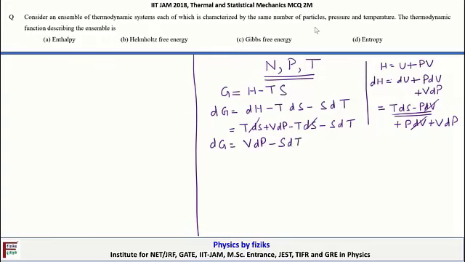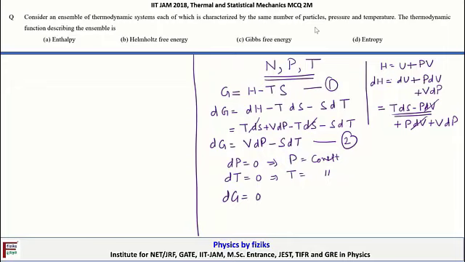Let's call this equation 1 and this equation 2. Now in equation 2, when dP is equal to 0, this implies P is a constant, and when dT is equal to 0, this implies T is also a constant. So when both of these quantities, pressure and temperature, are constant, this implies that dG is equal to 0, so G is a constant.